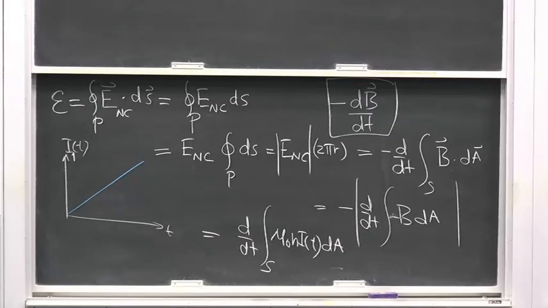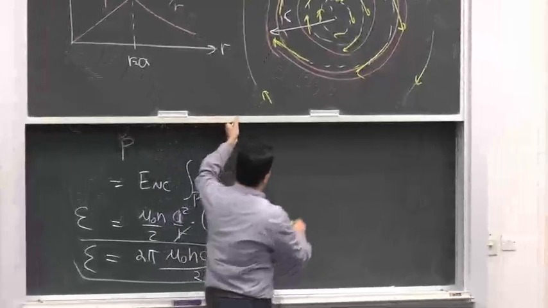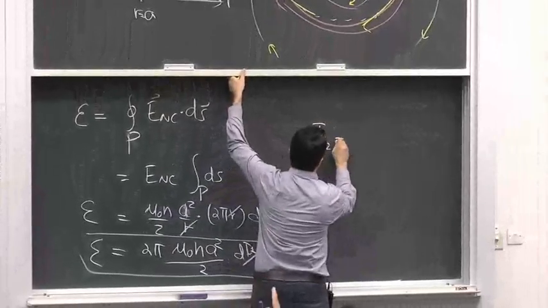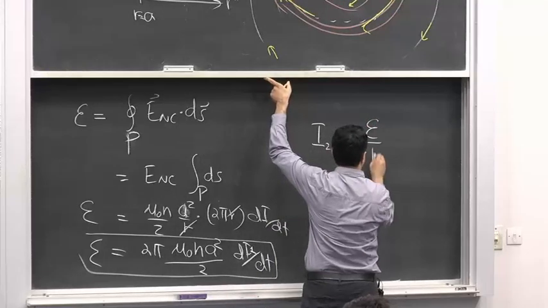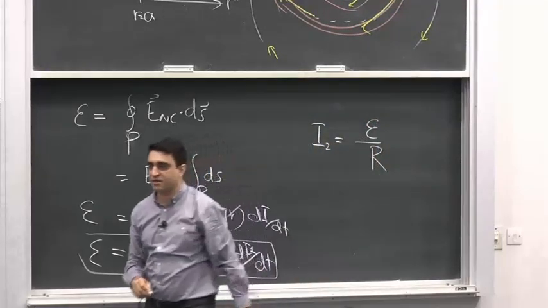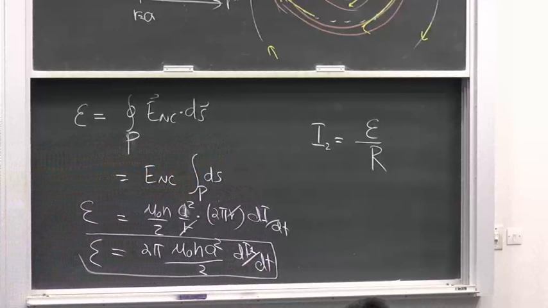And what would be the I2 magnitude? The I2 magnitude would be the EMF which you have produced as a result of the changing magnetic field divided by the resistance within that second coil, which is around the solenoid.